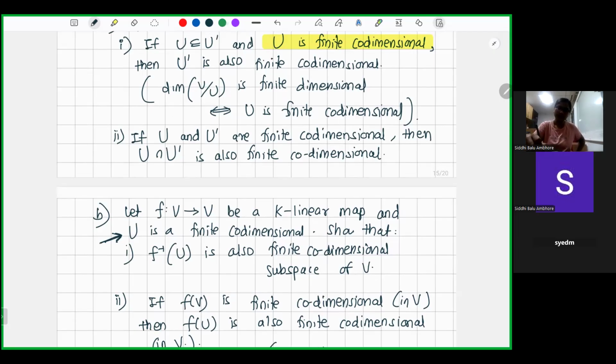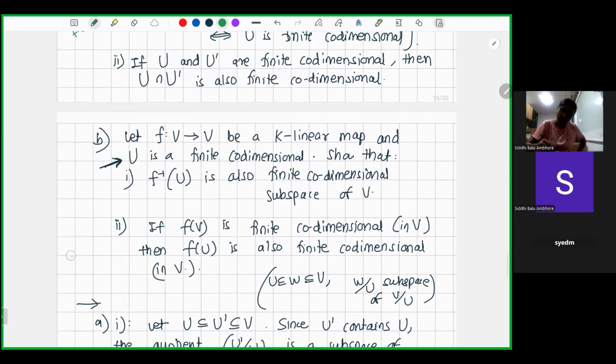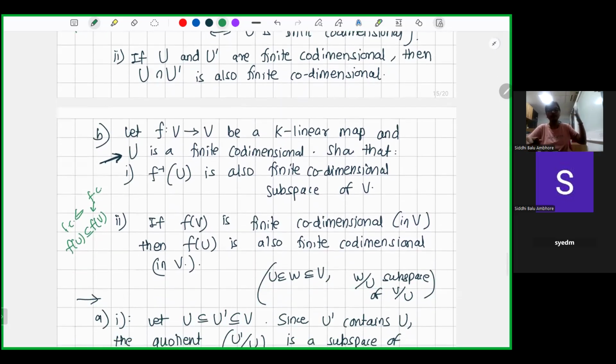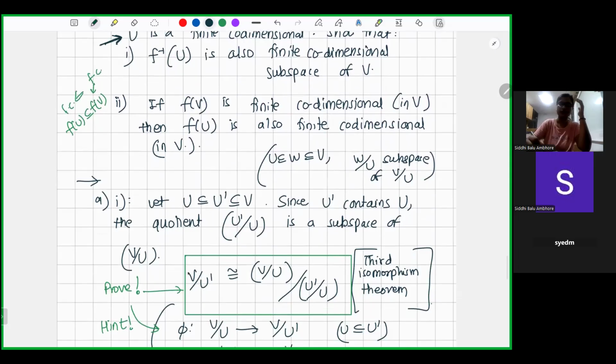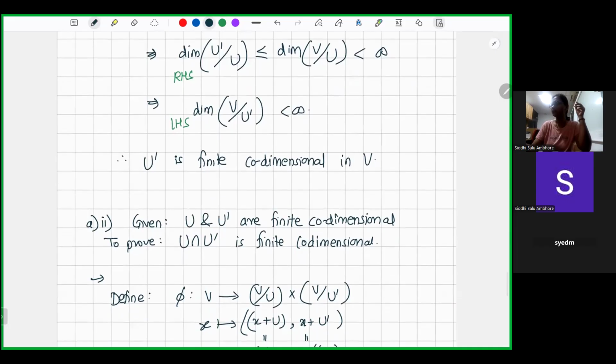Here we have a different thing. Note that f of U will be contained in f of V. We are given that one is finite codimensional and we have to prove the other, so it's not the converse, but something opposite of what we did here. I thought we could directly do that, but no problem. It won't take much time.